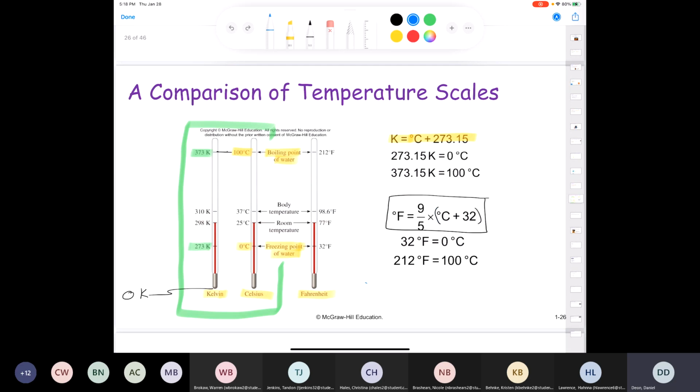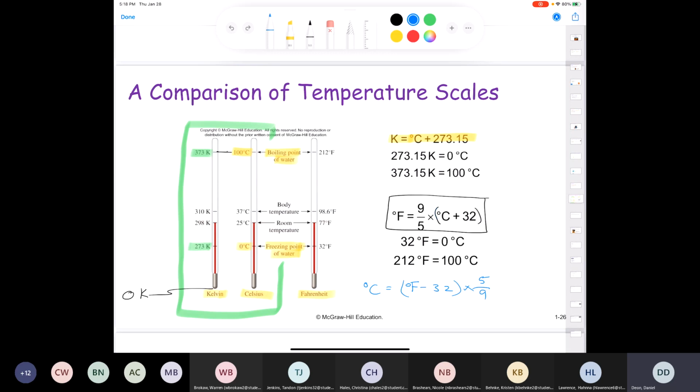So you should be able to say that degrees Celsius is equal to degrees Fahrenheit, subtract 32, multiplied by 5/9. That's just a quick exercise in algebra, isolating the degrees Celsius.